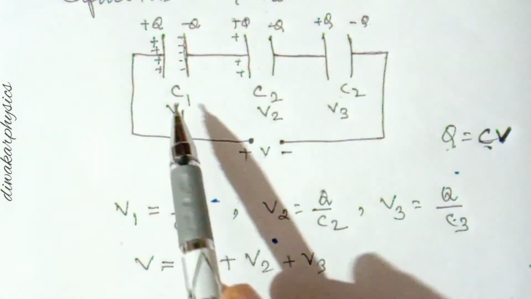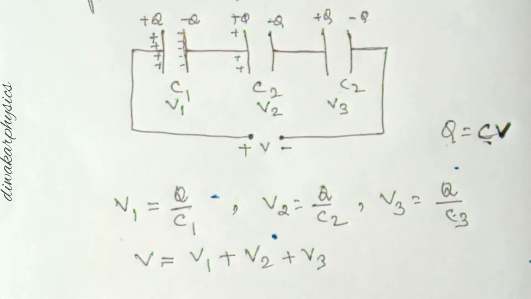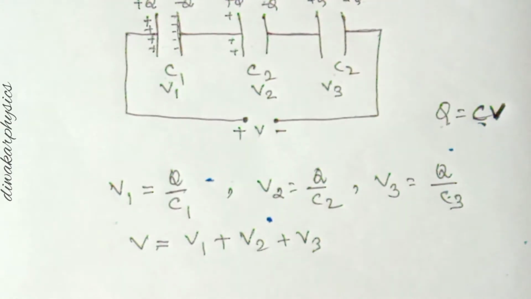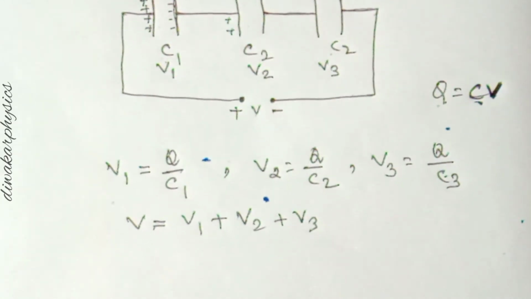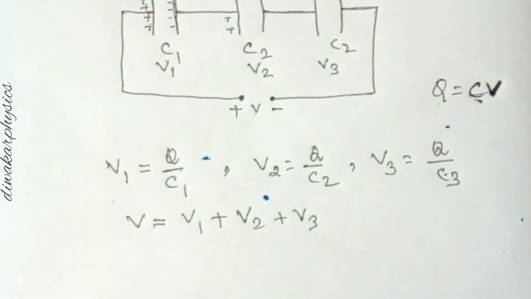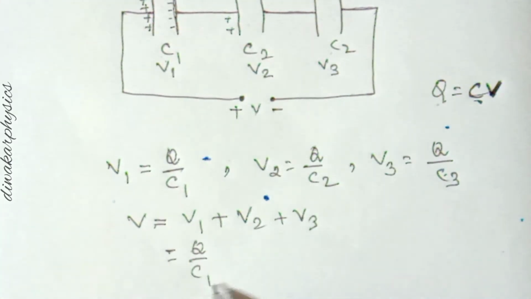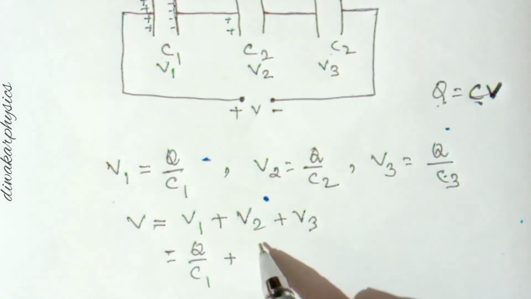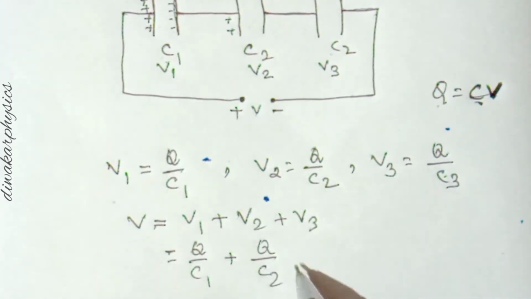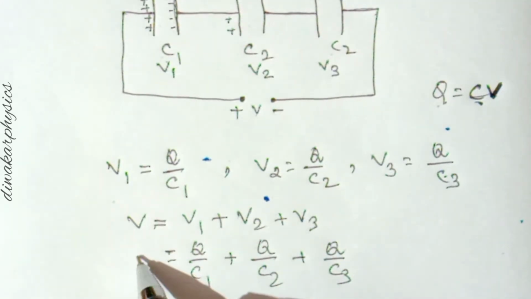Whatever potential differences are developed across the capacitors are provided by the source voltage. Then V is equal to Q by C1 plus Q by C2 plus Q by C3.